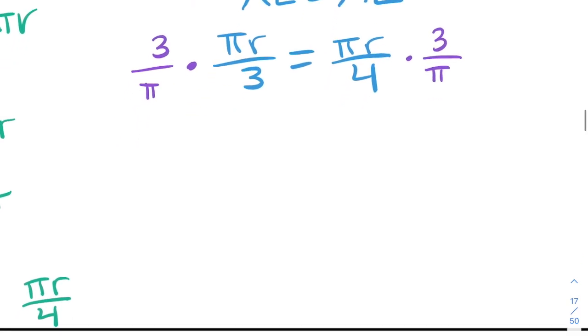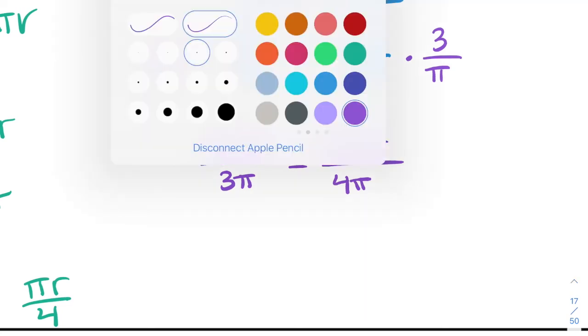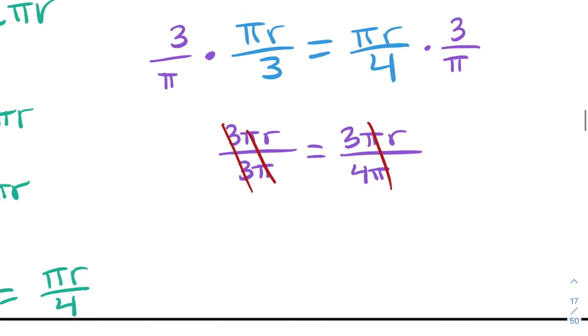Bear with me. We're going to get 3 pi r over 3 pi equals 3 pi r over 4 pi. And we're going to wipe these out, and we're going to wipe those out. So it looks like one radius is equal to 3/4 of the other radius.